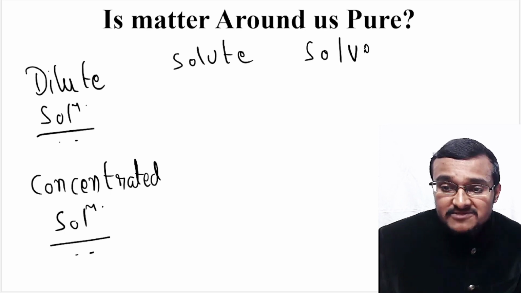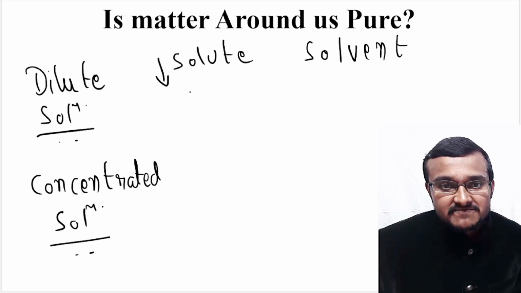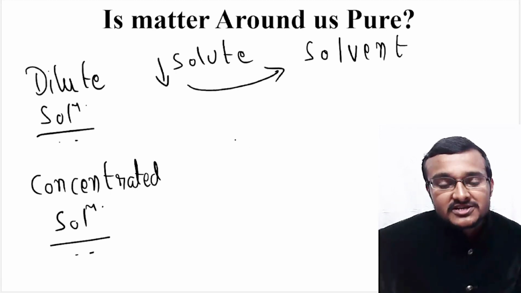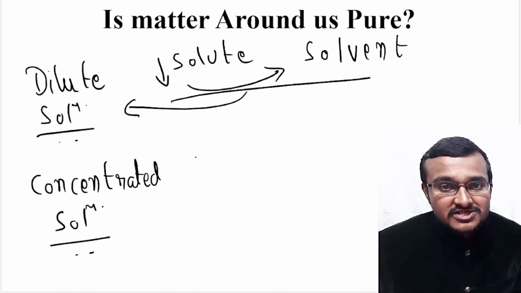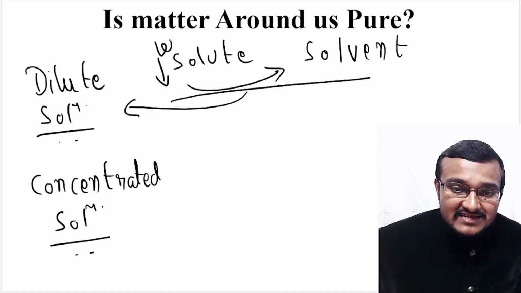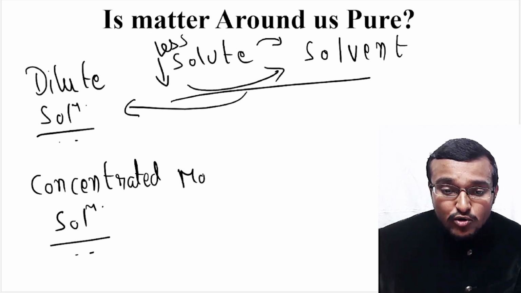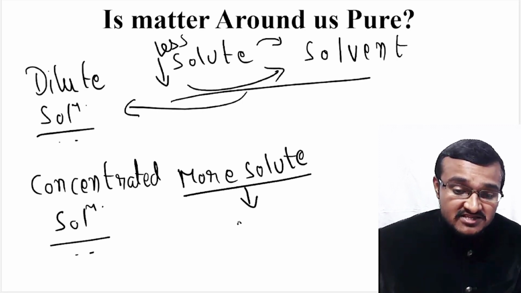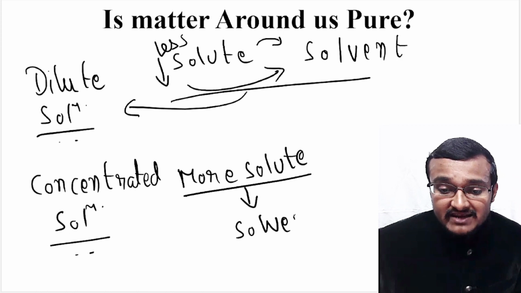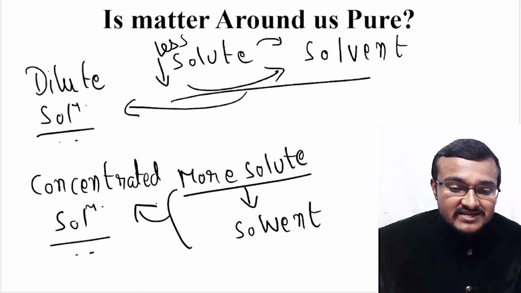Now if the solute is less in concentration with this solvent, then that solution will be known as dilute solution. That means less solute in a particular solvent. Now if you have more solute, that means the concentration of this solute is much larger in the solvent, then this solution will be known as concentrated solution.